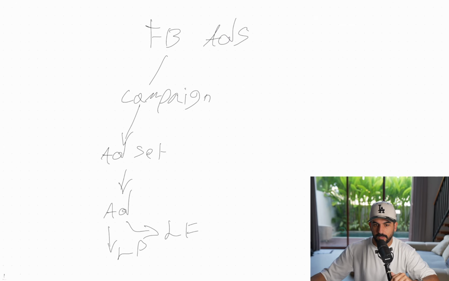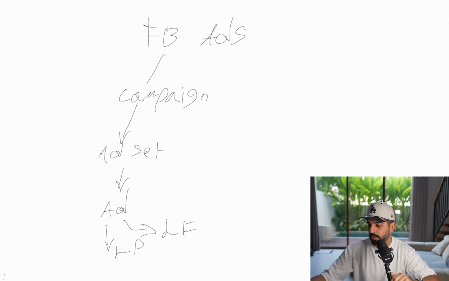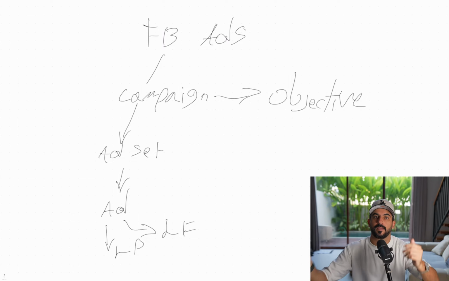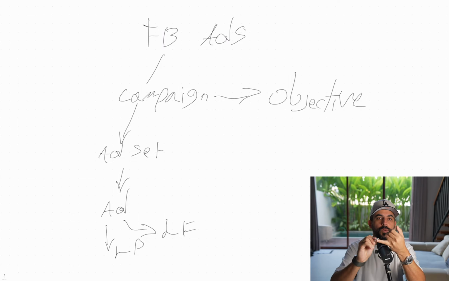Let me make sure that you're seeing this, right? So it could go to different funnels, but overall, this is what a Facebook ads campaign structure looks like. Now, the campaign is mainly responsible for the objective. Okay, what is the objective that we're trying to get? Are we trying to get more views?